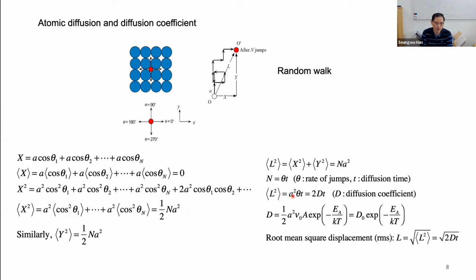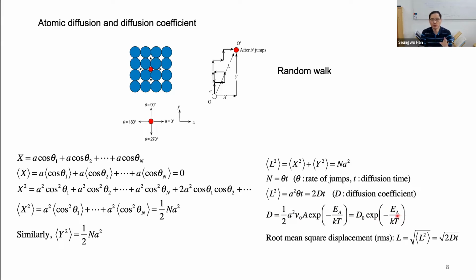L squared is a squared theta t, and the prefactor is equal to 2 times D, where D is the well-known diffusion coefficient. Therefore, the diffusion coefficient is related, through this Arrhenius rate equation, to the activation energy, right?